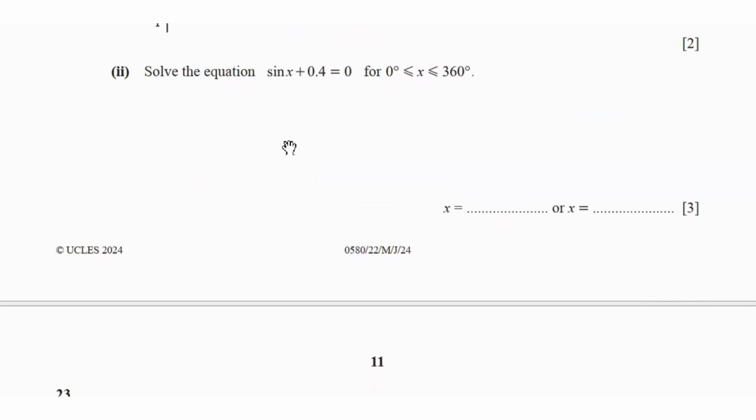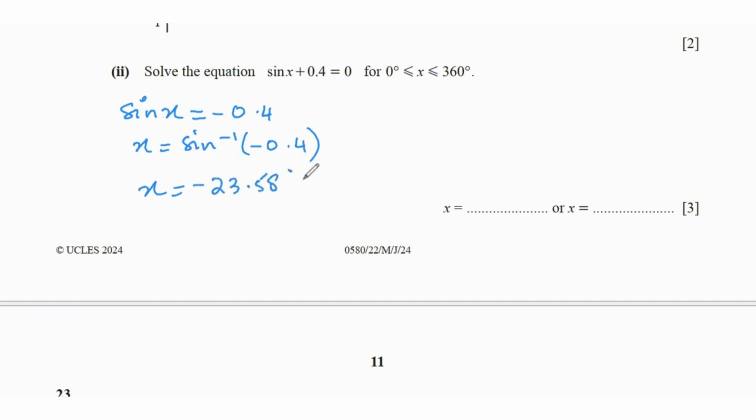The second part says solve the equation sine x plus 0.4 equals 0 for the same range. So sine x would equal -0.4. X would equal sine inverse of -0.4, which is going to give us the value of -23.58 degrees.